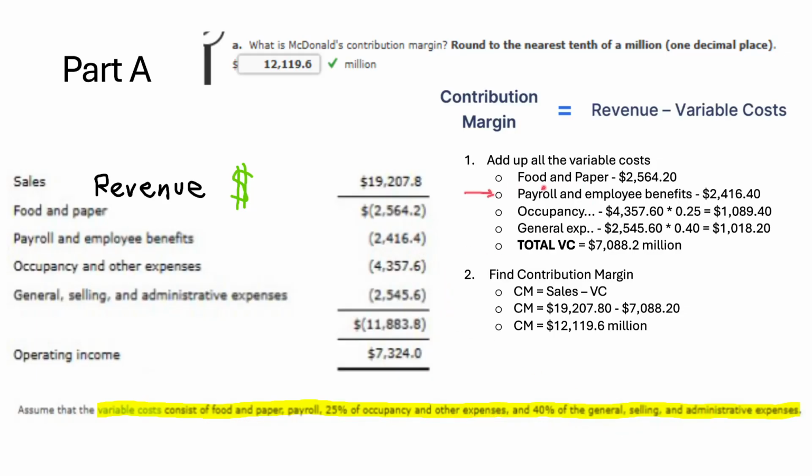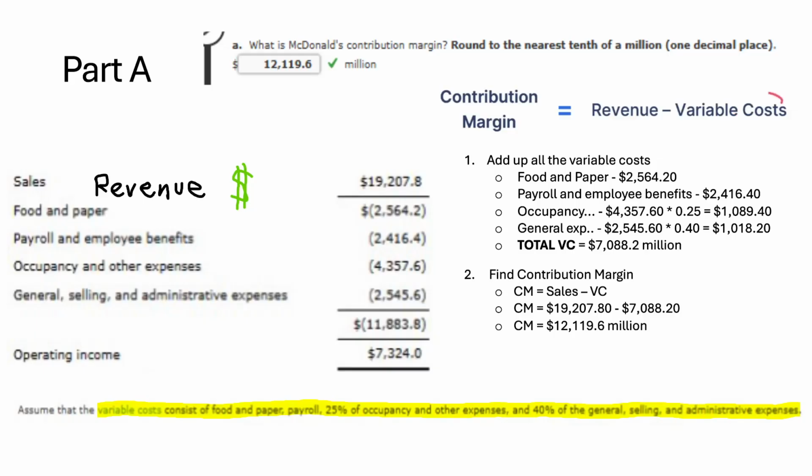You take 2,500 and add it to 2,400 or so, and then for occupancy, you take this number and multiply by 0.25 to get this. Same for this one: multiply by 0.4 to get 40%. And so my total variable cost is going to be this much.